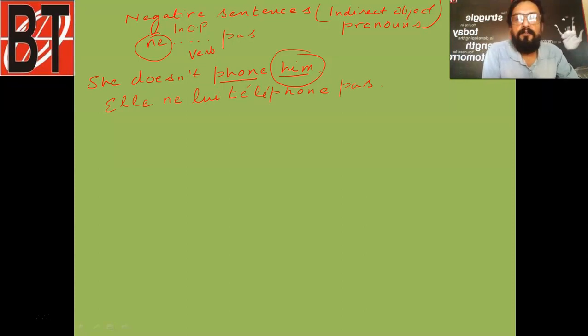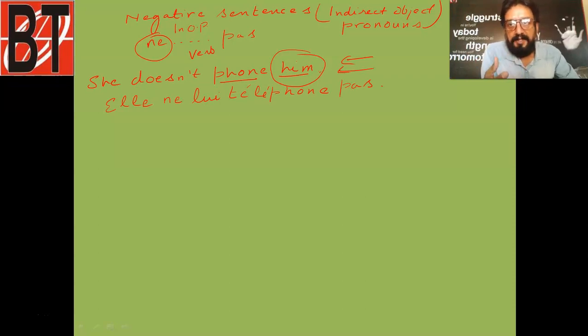So this is one of the wonderful sentences that is so easy to make. इस वाले sentence को आप देखिए. She does not phone him. सही तरीका कौन सा होता? What is the right way to speak this sentence in English?